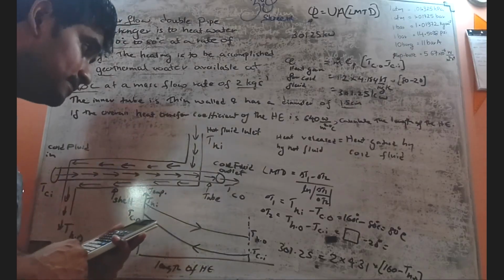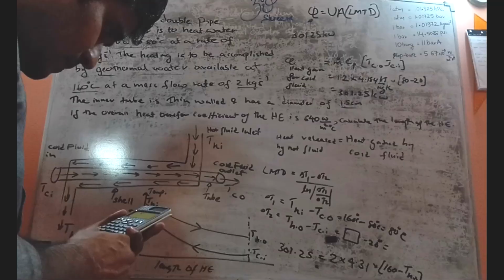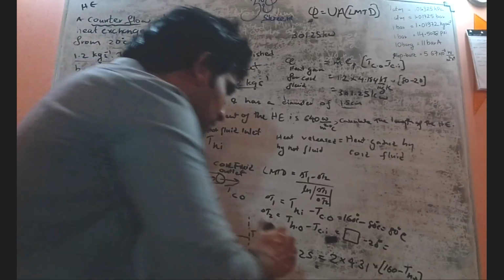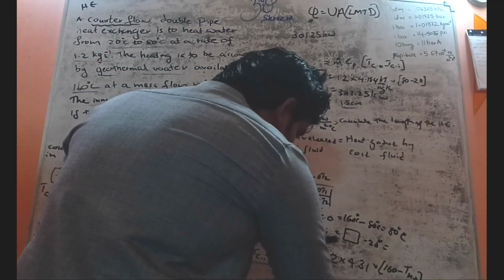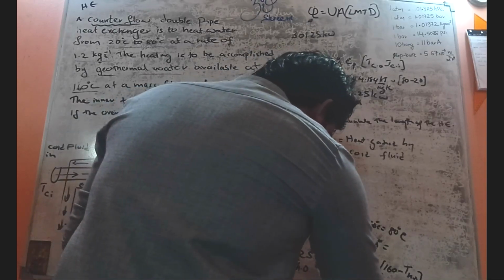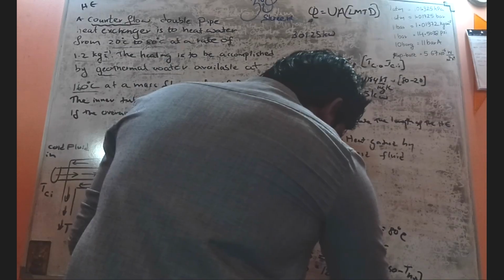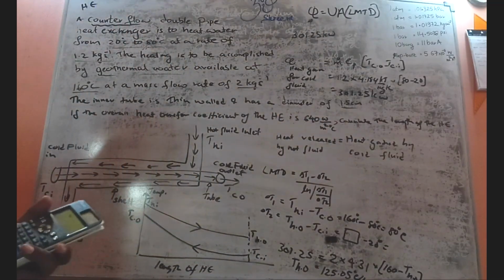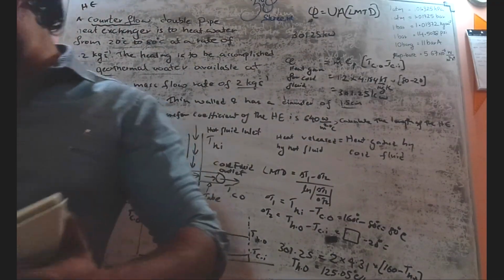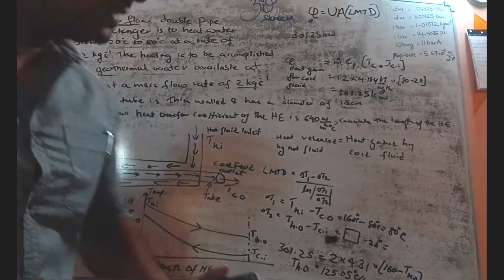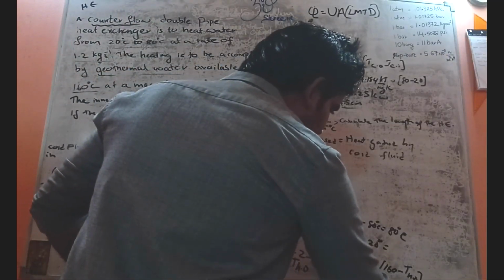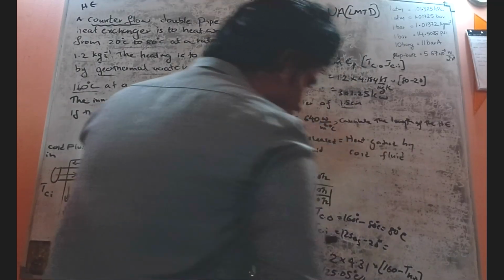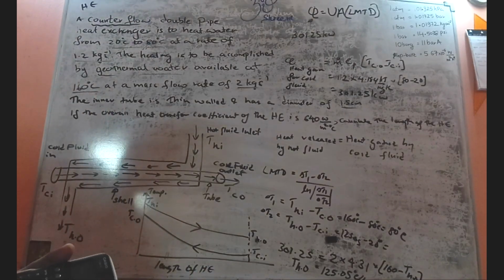So I'm getting the value of T, the hot fluid outlet temperature, as 125.05 degrees Celsius. So now we know that it is 125.05.